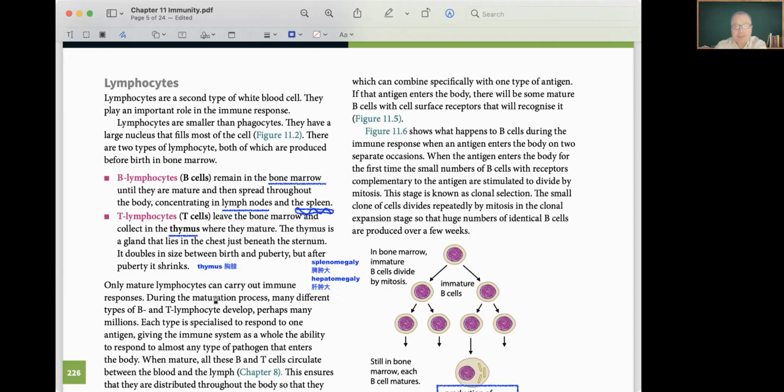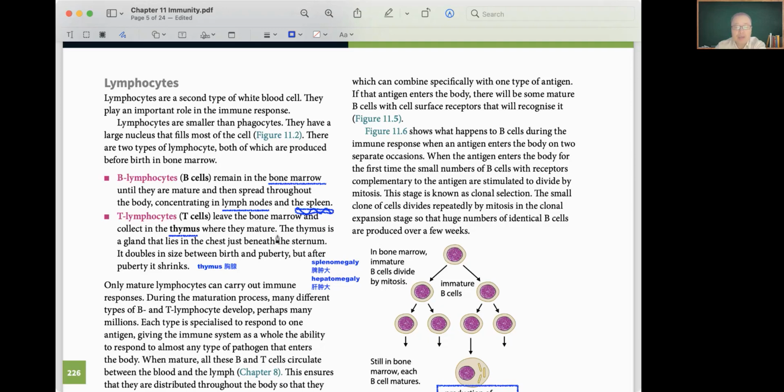Please remember, the T cells just mature in the thymus. The T lymph cells also come from the bone marrow and just collect in the thymus. So both B cells and T cells are from bone marrow.